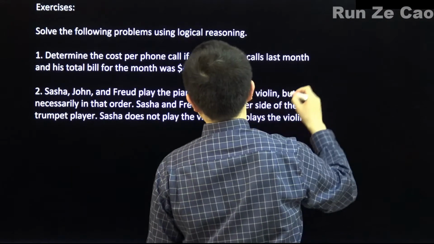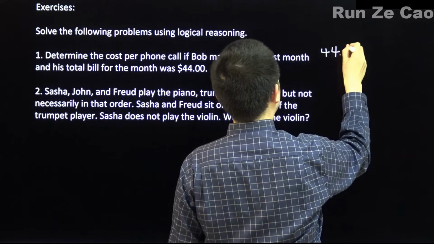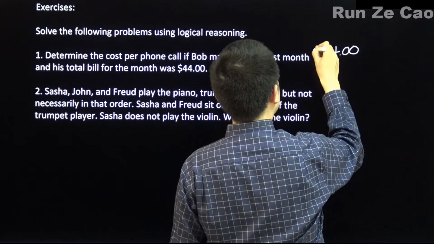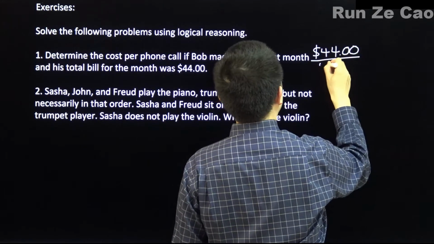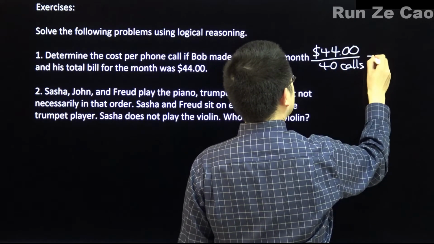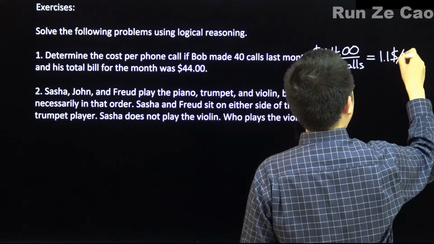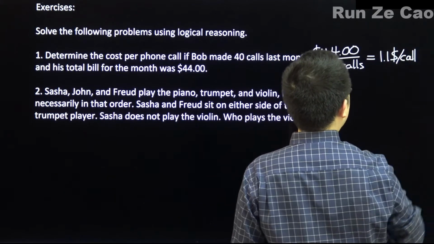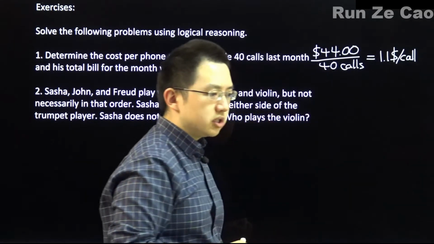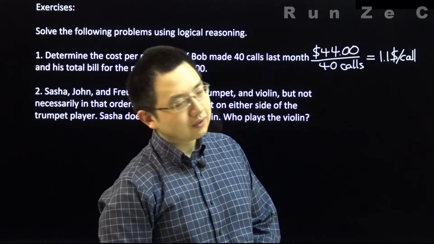So, $44.00 divided by 40 calls is equal to $1.1 per call. Yes, I am aware that money is usually written with the cents written out, like $1.10, but yeah, whatever.